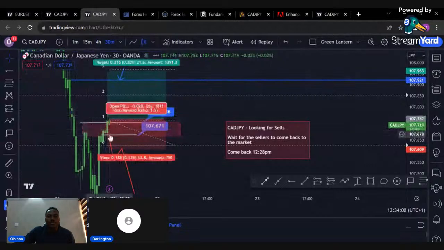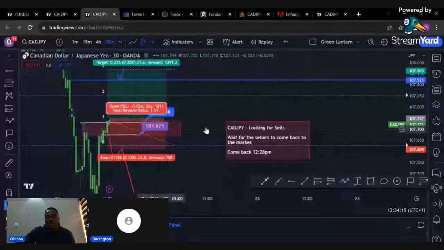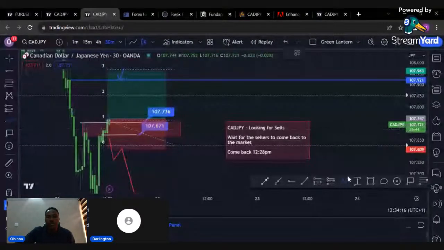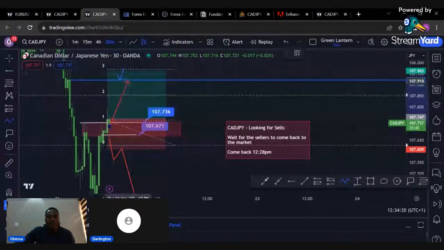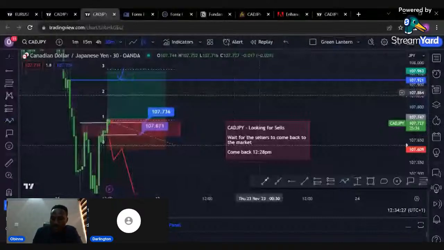I won't be monitoring the trade, but if the trade goes well, I'll let you guys know. My TP is what I just labeled here. If it comes to that place, fine and good.